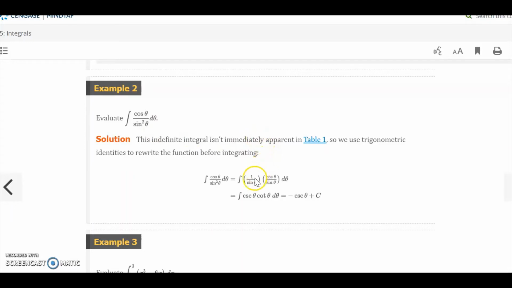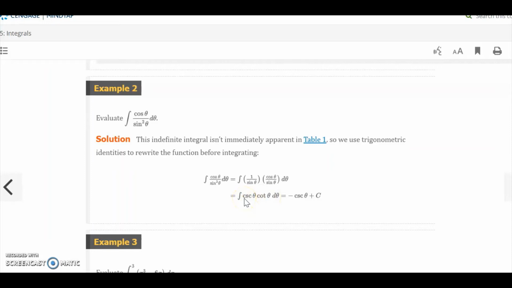Well, we can split it up into 1 over sine theta times cosine theta over sine theta. 1 over sine theta is the same thing as cosecant theta. Cosine over sine theta is the same as cotangent theta.